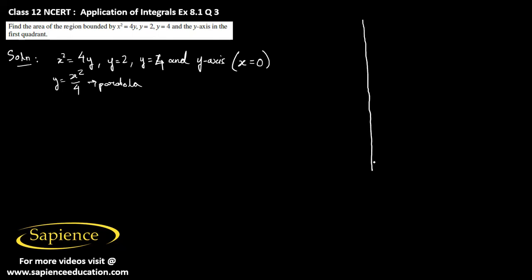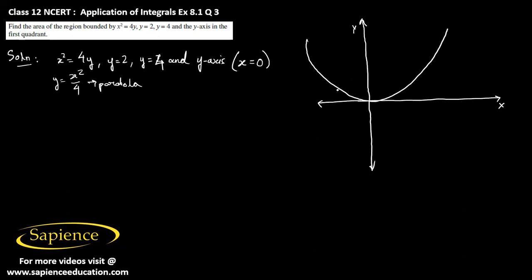This is the y-axis. Let's say this is the x-axis. And y equals x square by 4. Let's slightly extend the x-axis towards the negative side. And y equals x square by 4, the shape will be somewhat like this.